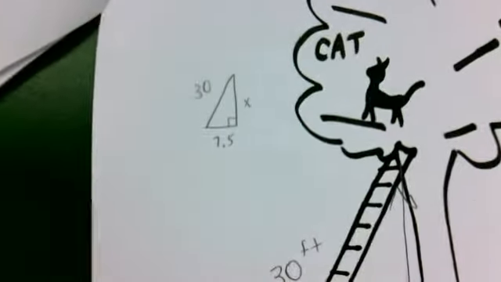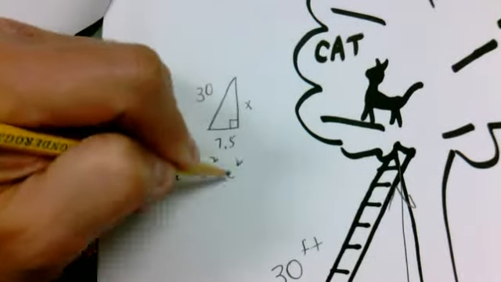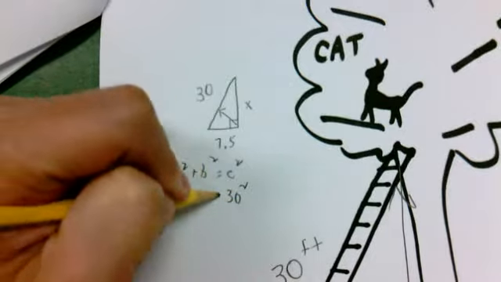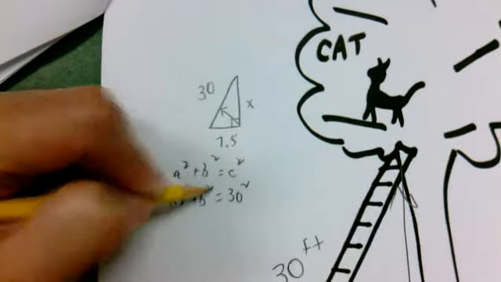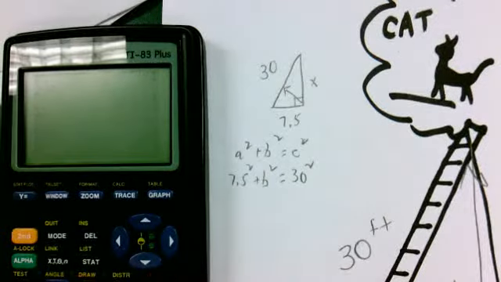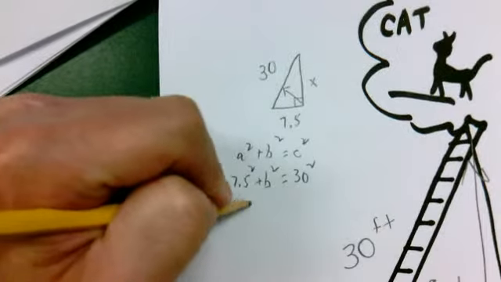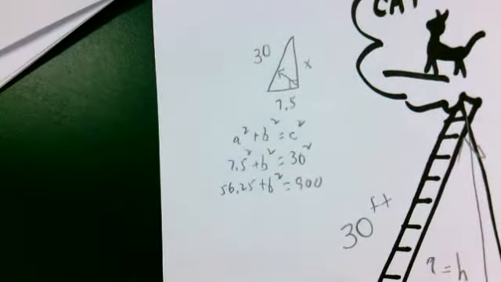So over here, I'm going to show all my work. So a squared plus b squared equals c squared. I know my c value, which is 30. I know one of my other sides. So I do on my graphing calculator, 7.5 squared. I get 56.25 plus b squared equals 900.